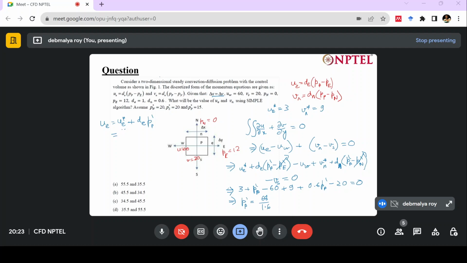So this is 4.8, so 72.8 divided by 1.6. You can put that in a calculator. See how much that is.